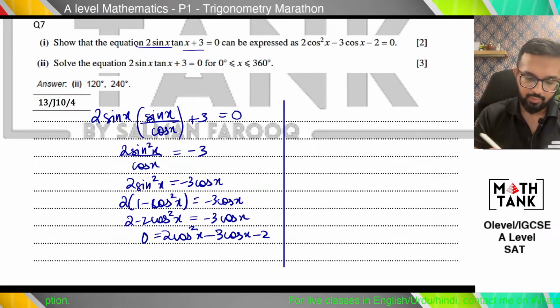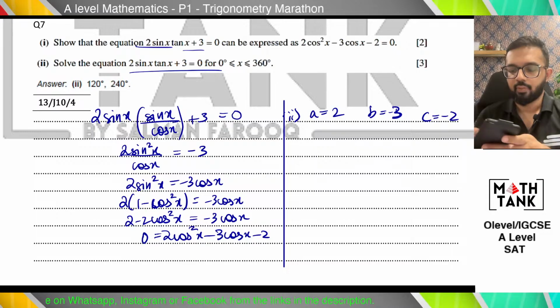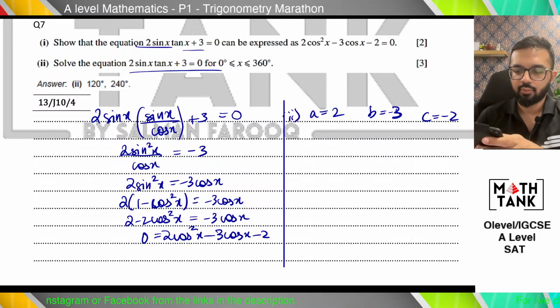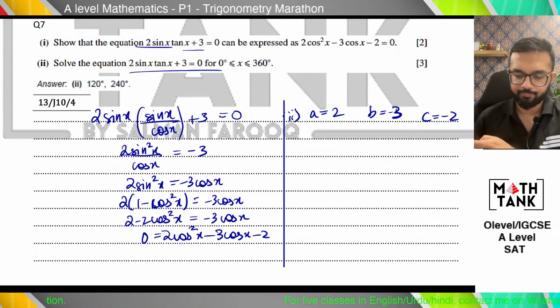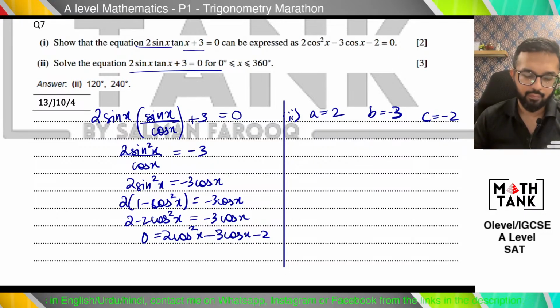So I proved the equation, then it says solve. I'm going to solve this equation, a quadratic basically with a is 2, b is minus 3 and c is 2 again, c is minus 2. And minus 0.5.